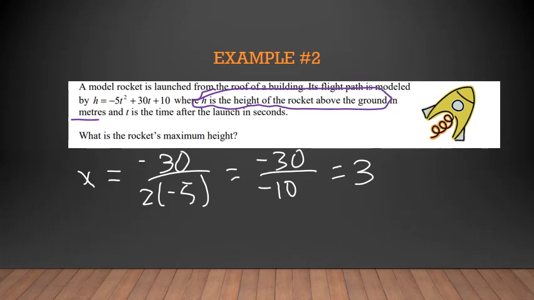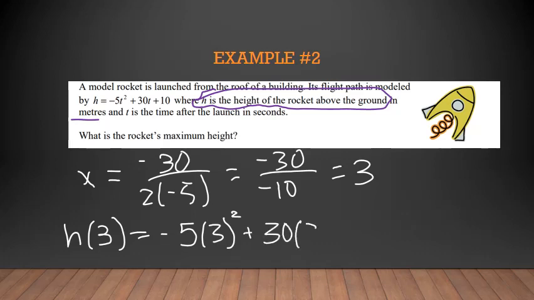So it reaches that maximum point at 3 seconds. In order to answer this question, though, I have to plug it into the function h. So we're going to do that at 3, so this will be negative 5 times 3 squared plus 30 times 3 plus 10.